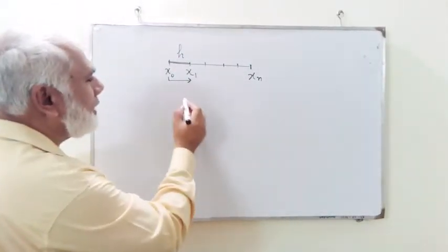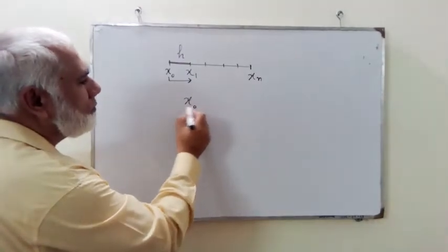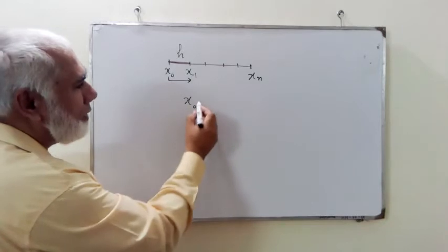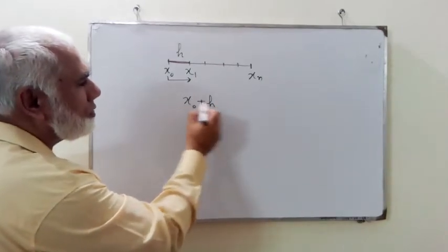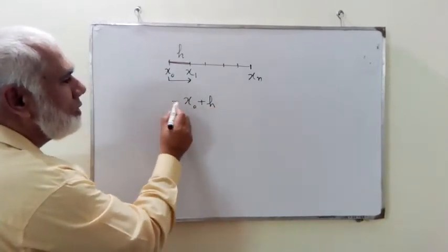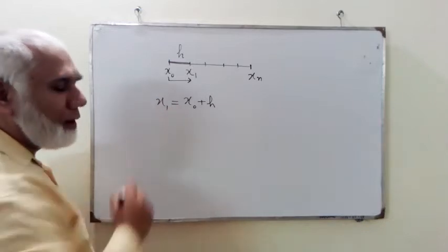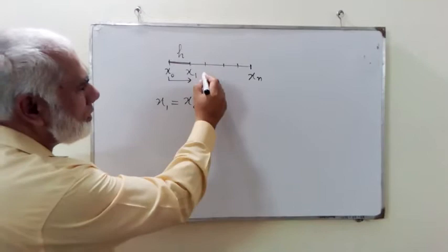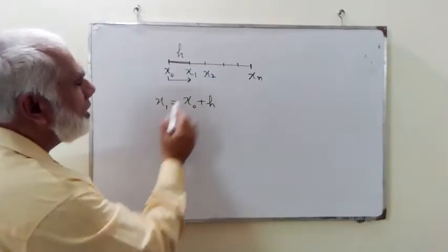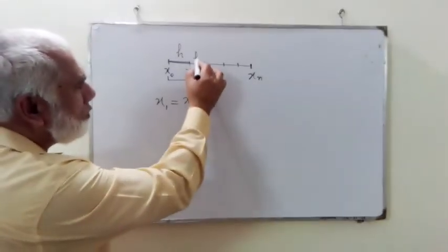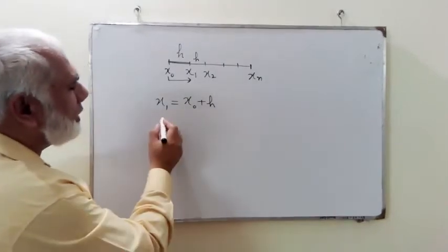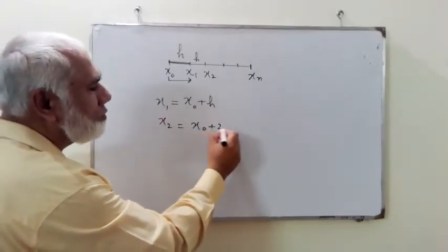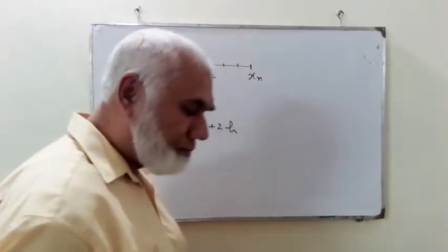So, in order to move from x0 to the nearest point x1, I have to give an increment of h units to x0. Similarly, if I want to go to the next location x2, I have to give one more increment of h units, and this can be written as x0 plus 2 times h.